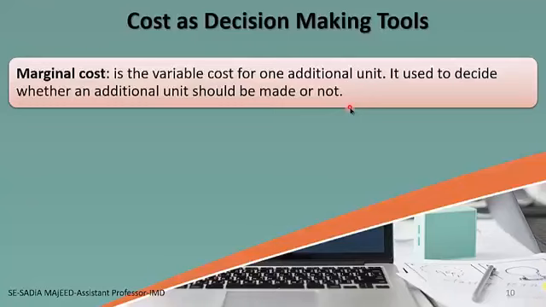But if the change in the price of a product in the market is very nominal, and the additional cost of producing an additional unit is very high, then you don't have to produce more units, and you don't have to increase the supply. So this is how we can use marginal cost to make a decision whether we should increase our production level or not.